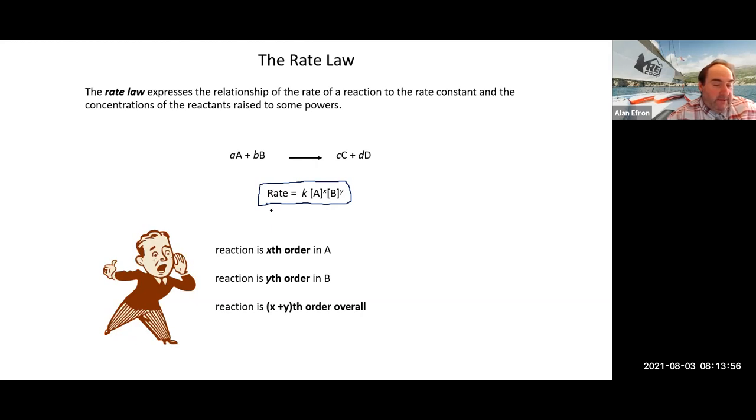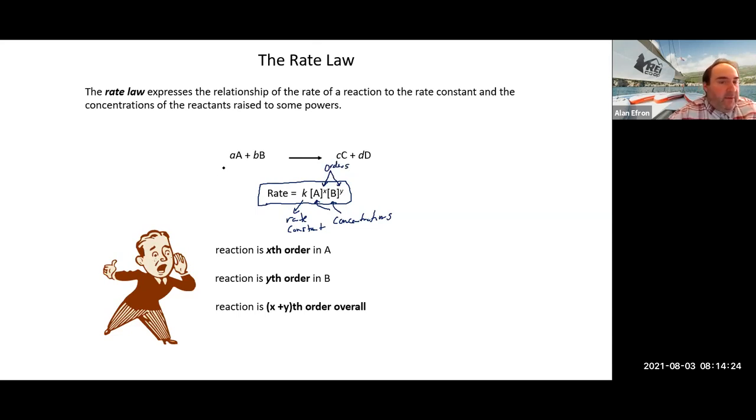What we see here is the rate is equal to K. The K is our rate constant, as we talked about, that constant relationship you could get in a reaction of how fast something is moving. Again, the brackets are the concentrations: A to the X and B to the Y. The X and the Y are what are referred to as orders.